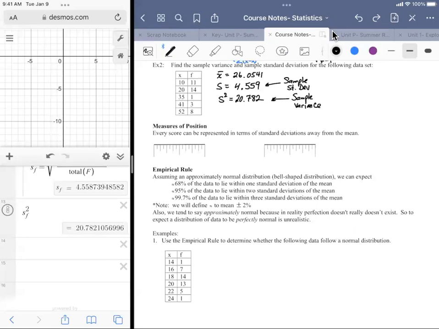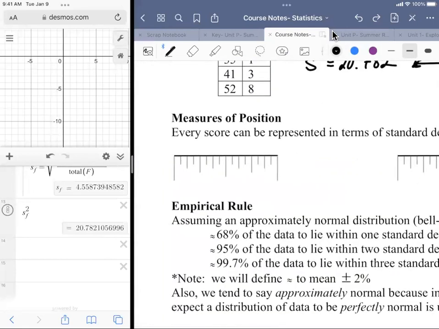So if I tell you, for example, just a quick one, that the mean is 0 and the standard deviation is 1, what I'm saying is that this ruler would be measured in terms of those standard deviations.